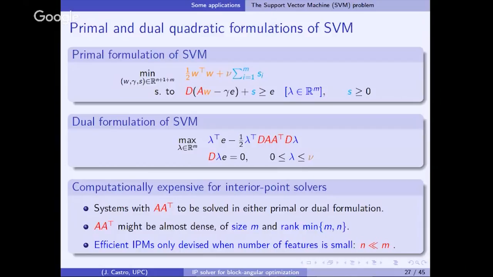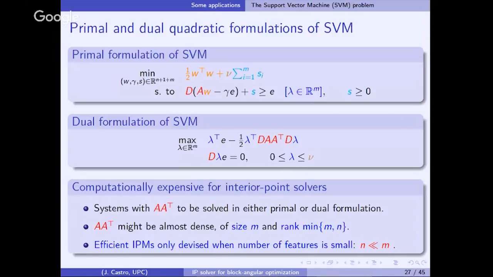So in both cases, you have to solve systems with A transpose. And which is the size of A transpose? It is the number of points. Remember that A is a rectangle of number of points times features, attributes, okay? So A transpose can be a huge matrix.